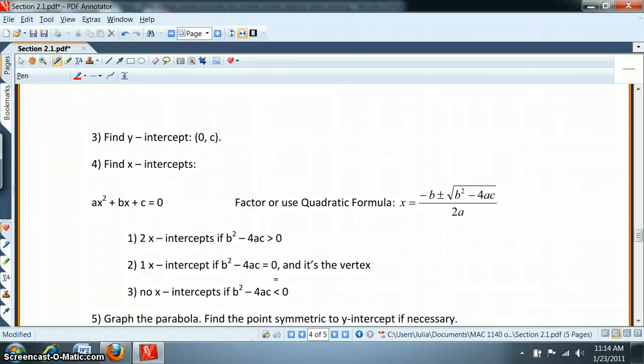So we stop right here. And of course, if it's negative, we don't get any x-intercepts, as in the previous example, so we don't need to proceed any further. So the first case is the only time we need to proceed with the quadratic formula. It can save us some time.